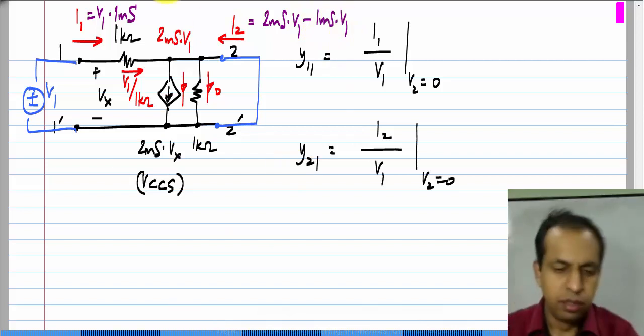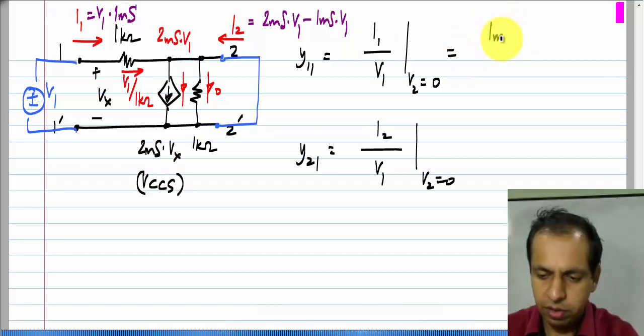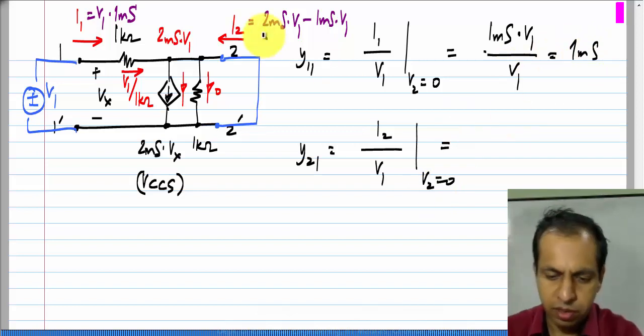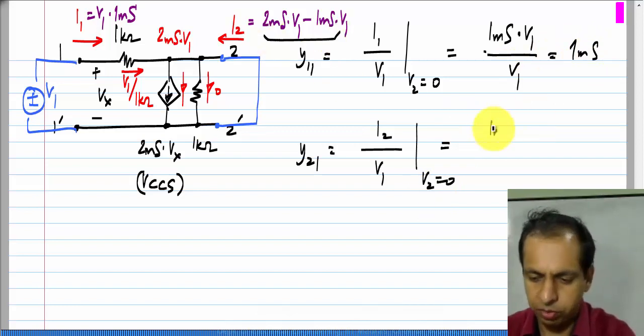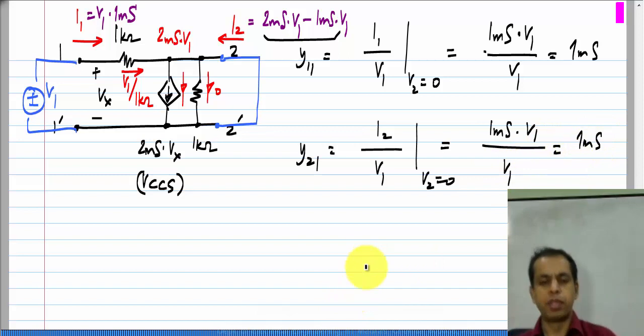Okay. So, substituting these values, we get Y11 is 1 millisiemens times V1 divided by V1, which is 1 millisiemen, and Y21 is this difference, which is also 1 millisiemen times V1 divided by V1, which is 1 millisiemen. Okay.